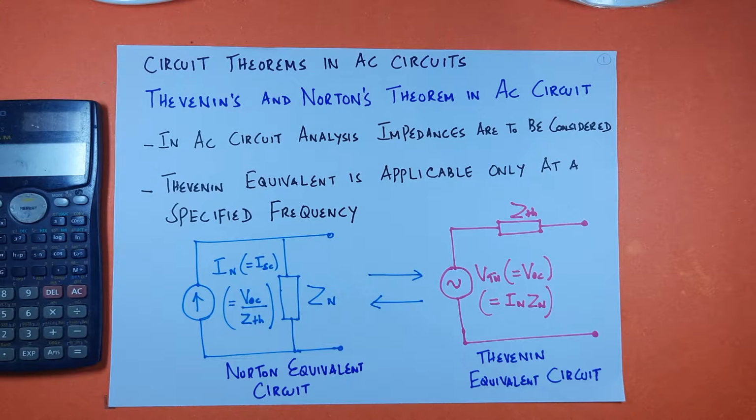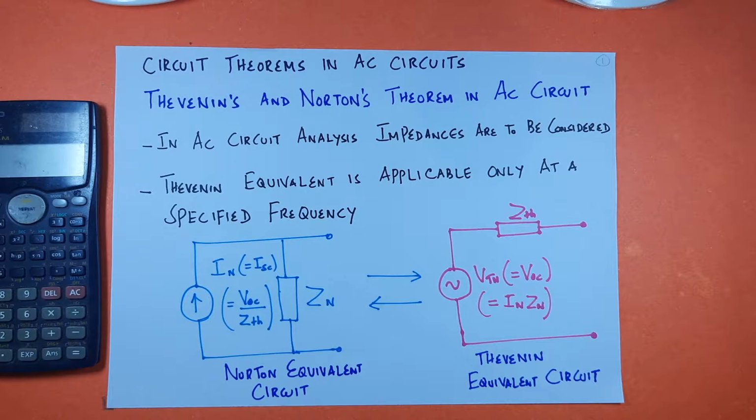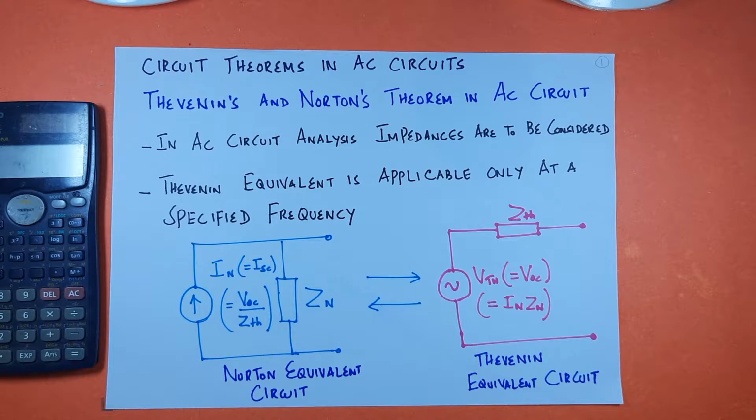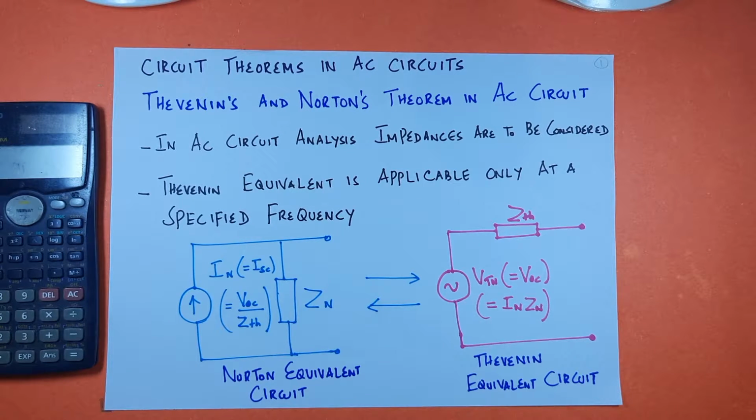Thevenin equivalent circuit is applicable only at a specified frequency. When you use Thevenin equivalent circuit for AC circuit analysis, this Thevenin equivalent is applicable only at a specified frequency because these impedances are functions of frequency.